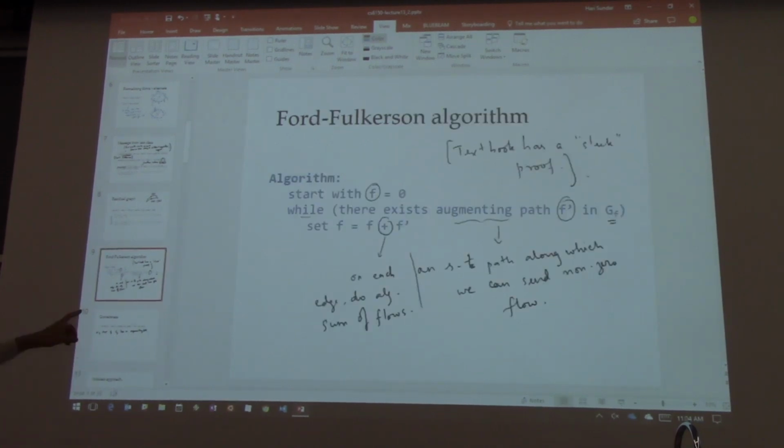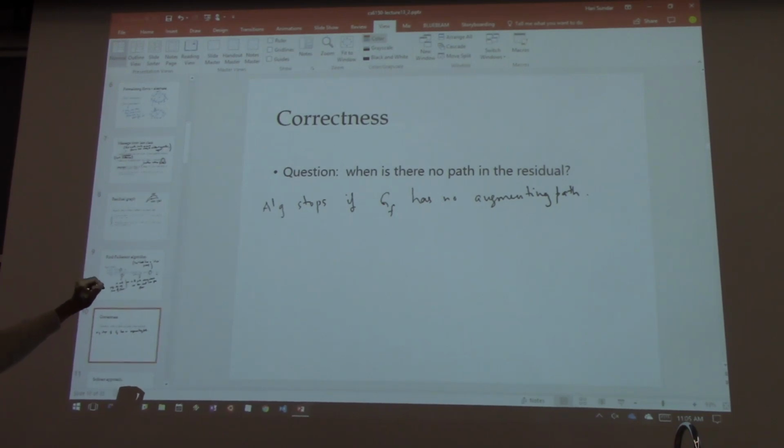By augmenting path, I mean an S-T path along which you can send a non-zero flow. So this is when the algorithm stops, and at this point we want to say that F is optimal.